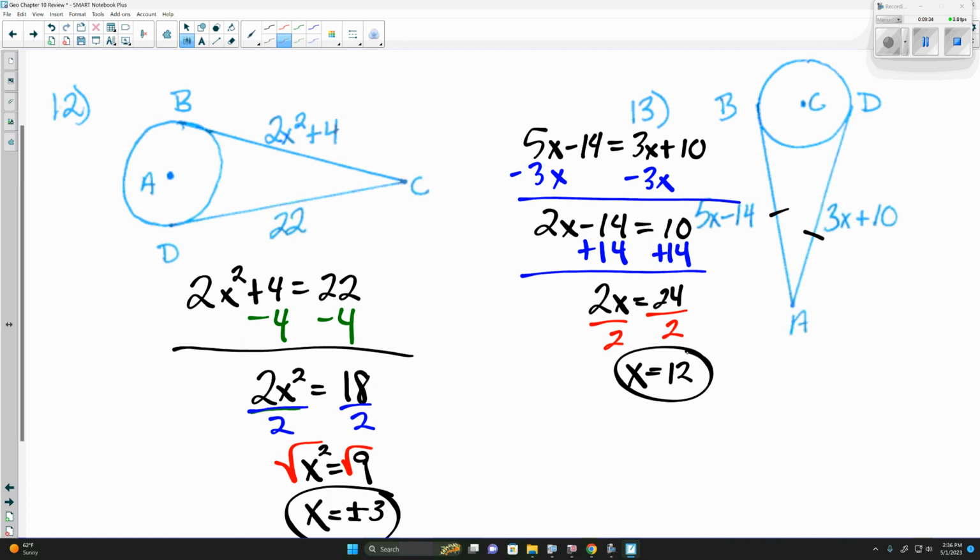We don't add the plus or minus because we did not take the square root of both sides. We only add the plus or minus if we take the square root of both sides. Questions on any of this here? We ready for the next one?